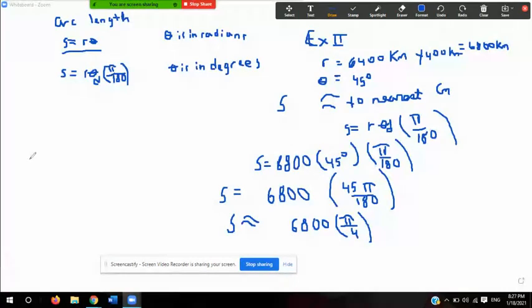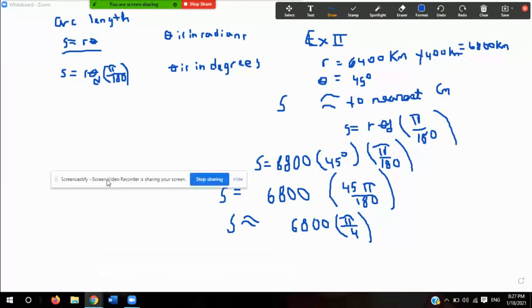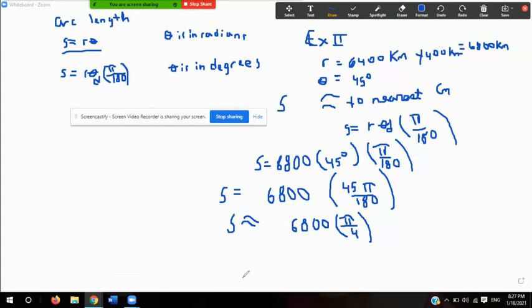So give me one sec. Let's move this taskbar here real quick, so I can have the space that I need. Okay, so then we say that S is 5,340.708.